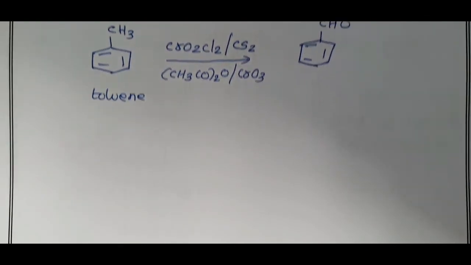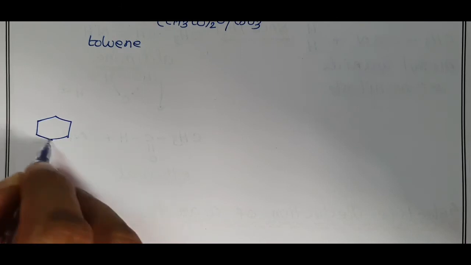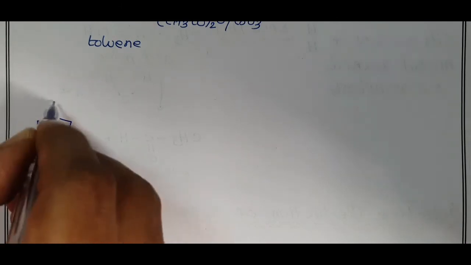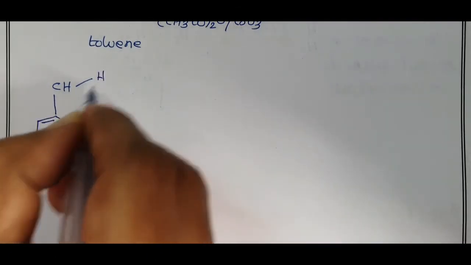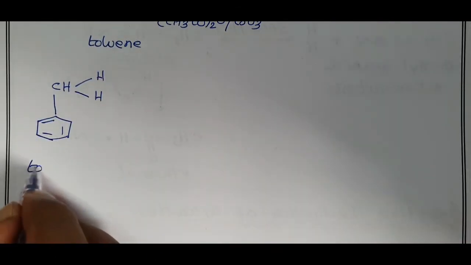Now we are going to discuss both these oxidizing agents with toluene. What happens? Toluene molecular formula is C6H5CH3. This is our toluene, methyl benzene.